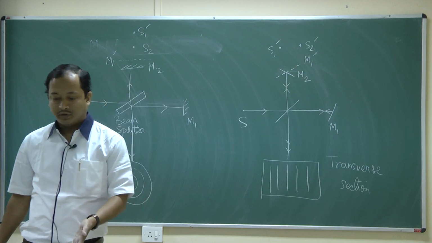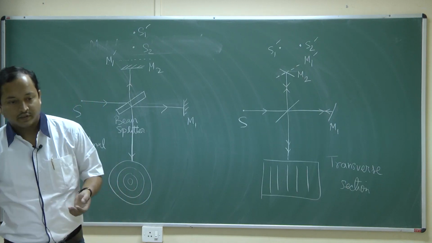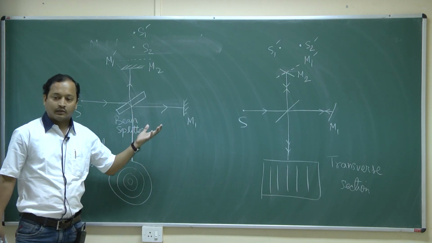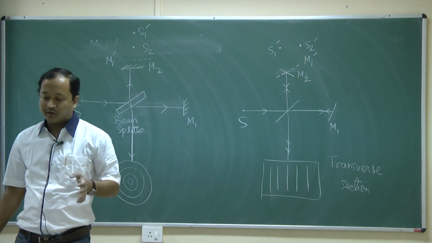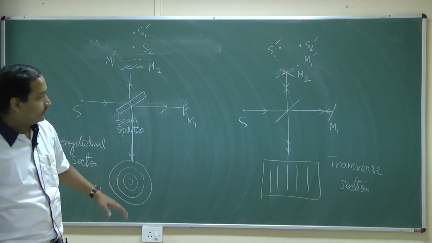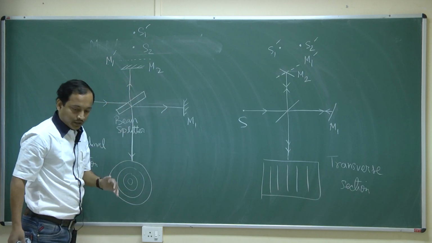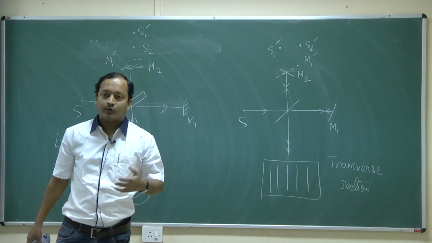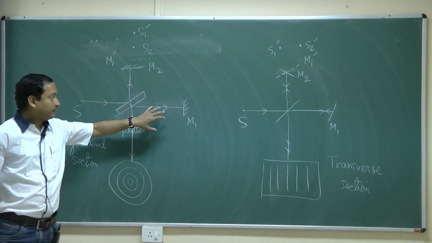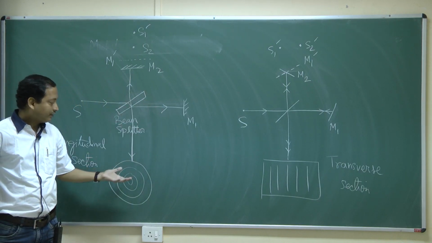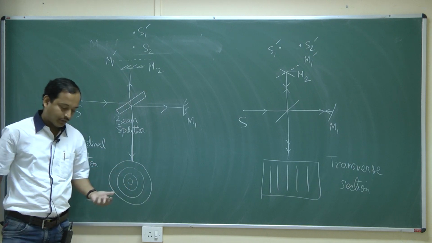Also, very recently, in 2016, the same setup was used in LIGO, the Laser Interferometer Gravitational Wave Observatory, where these two paths are kilometers long, each of them. And a gravitational wave, when it comes, would change the path difference between these two paths, and that would produce a change in the interference fringes.